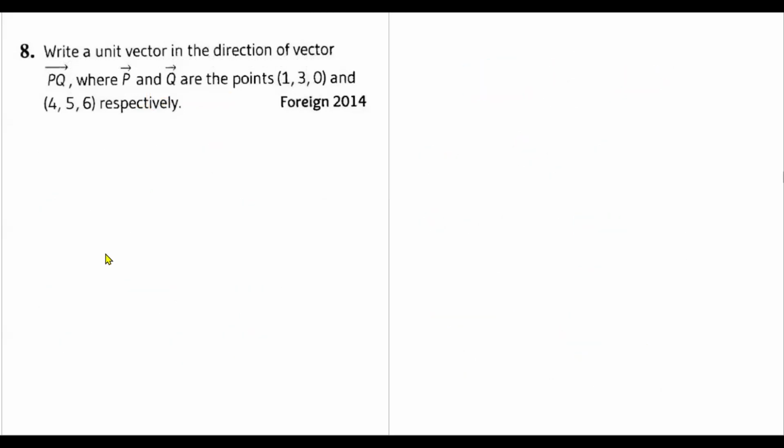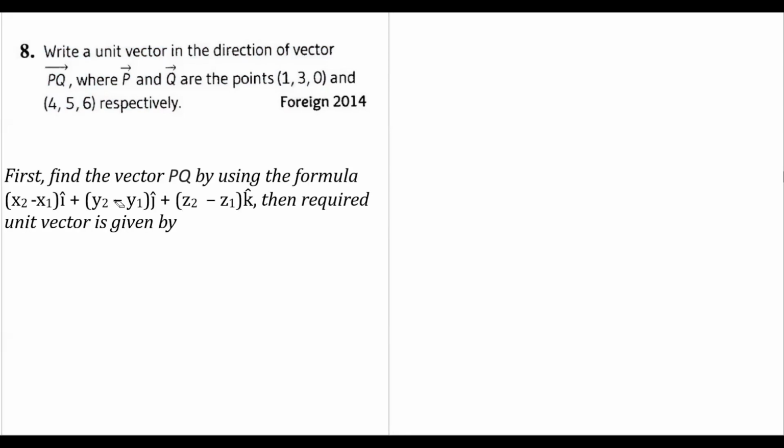Question number 8. It says write a unit vector in the direction of the vector PQ, where P and Q are the points given as 1, 3, 0 and 4, 5, 6 respectively. Now, first what we are going to do is obtain the PQ vector, and PQ is a vector, right?